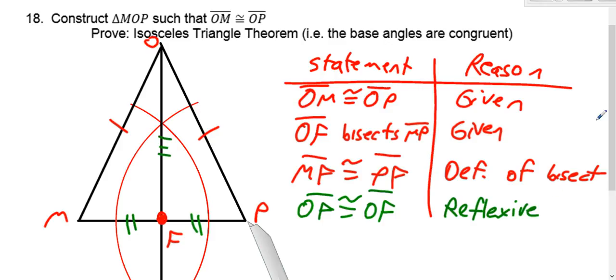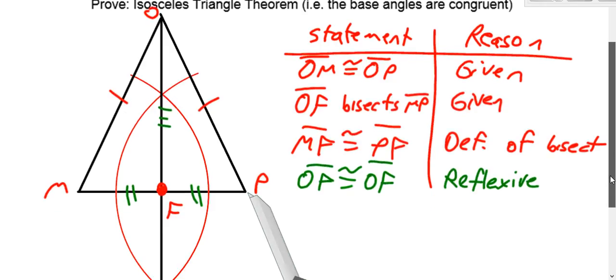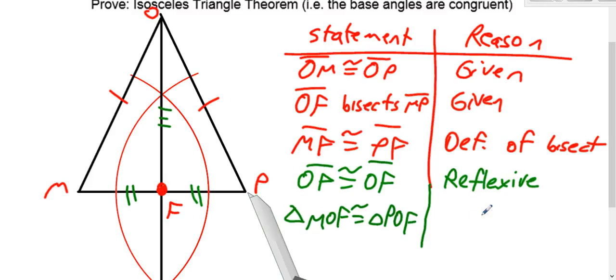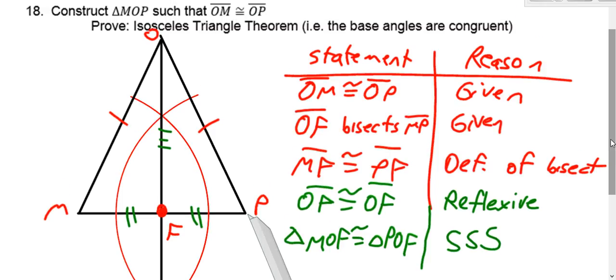So the two halves of this isosceles triangle are congruent. That forms triangle MOF and POF. We know that they're congruent because we have all three sides congruent to all three sides. That's side, side, side. But that's not what we were trying to prove.